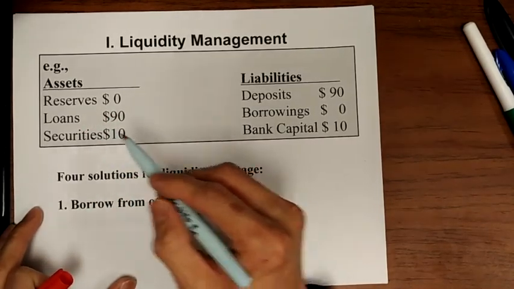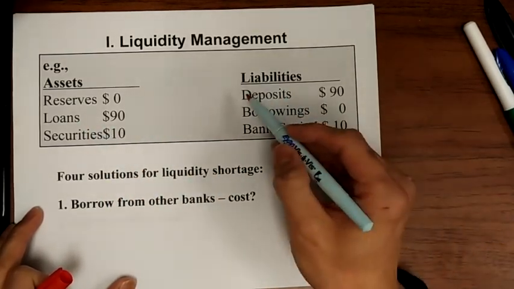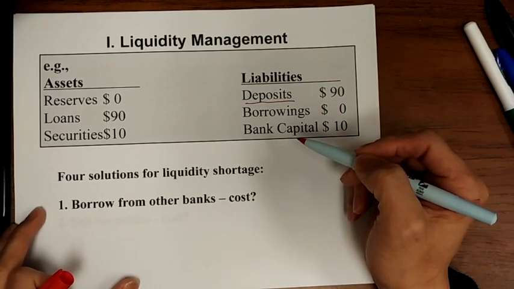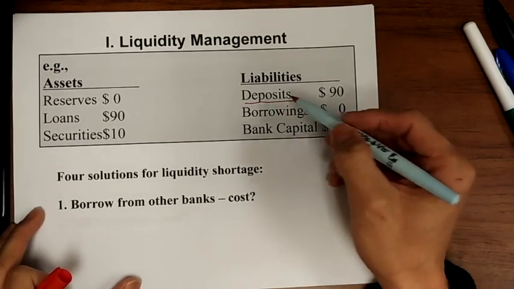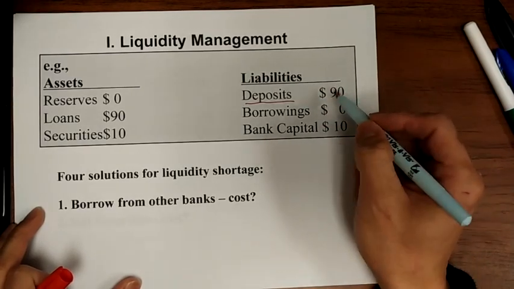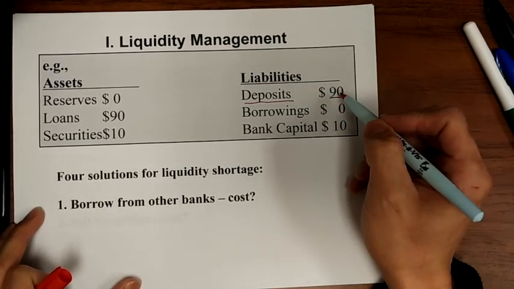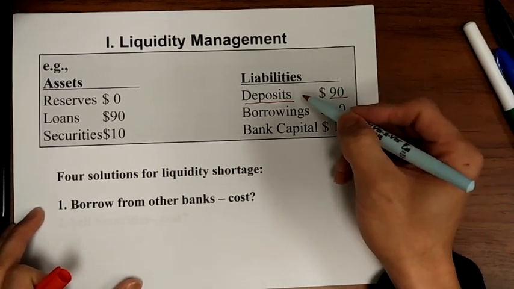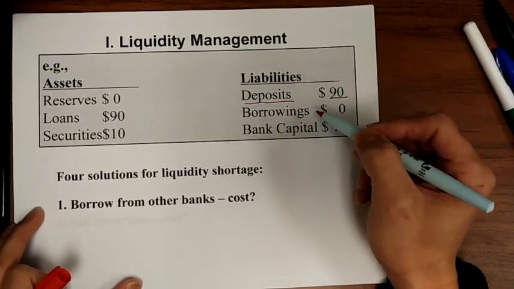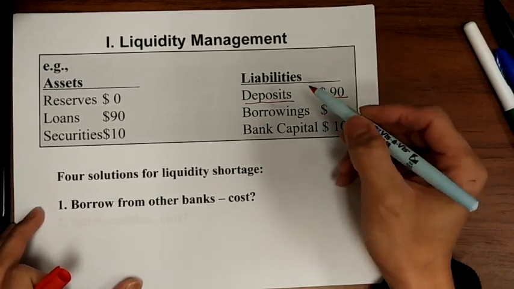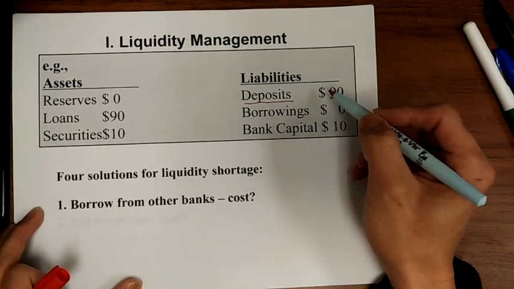Why? The reason is, look at the liability parts. Deposits. Deposits are from the customer. It's like your checking account. It is your money. It is the customer's money. You have all the right to come in to withdraw any amount of your deposit at any time, because that is your money.